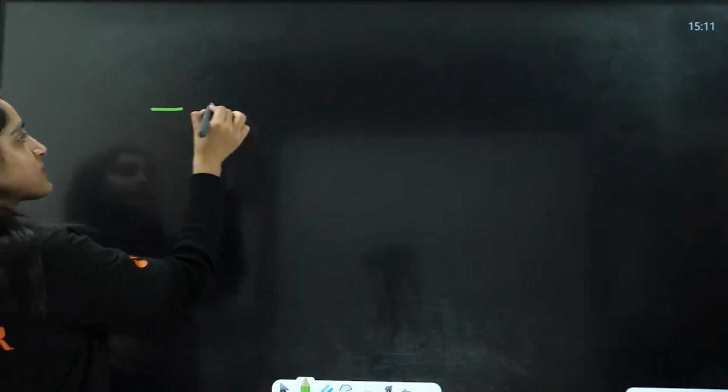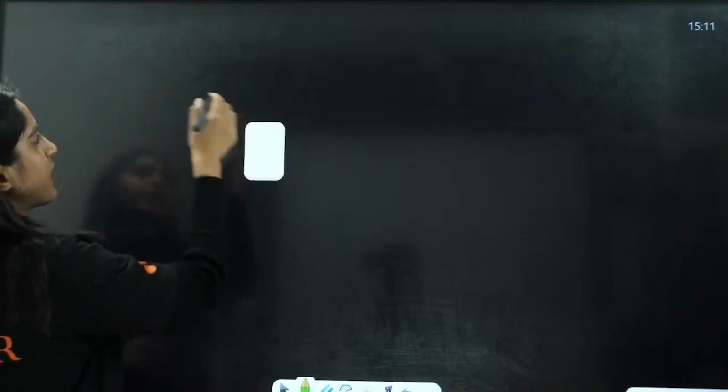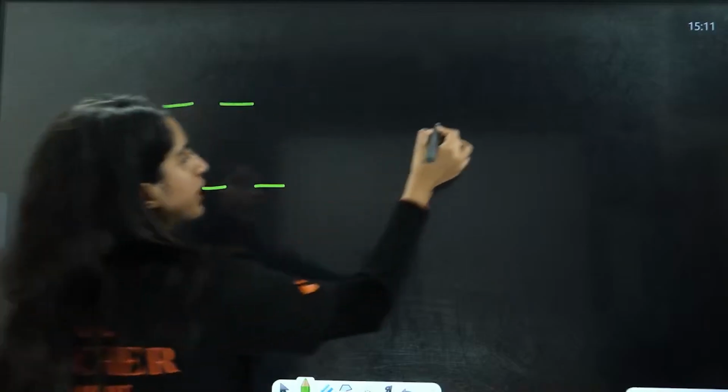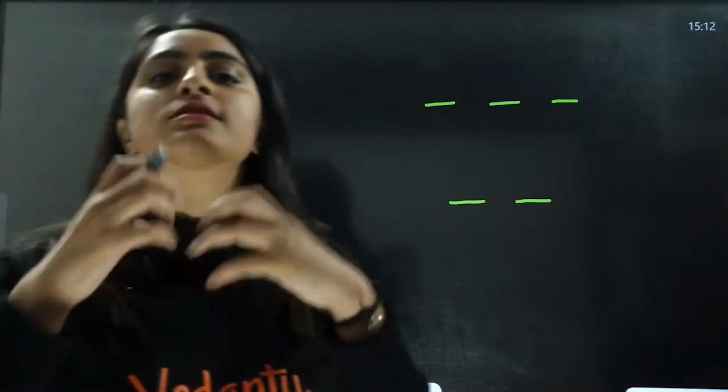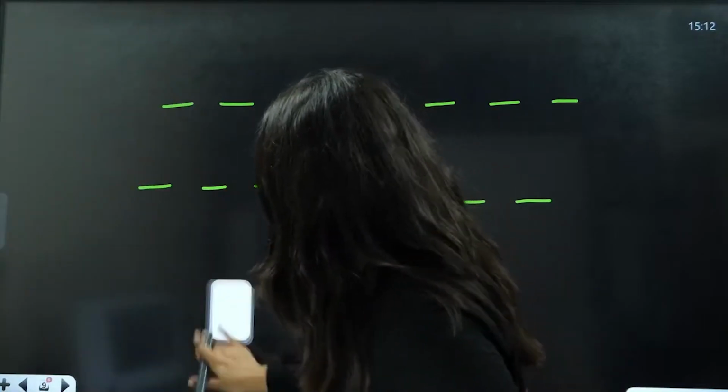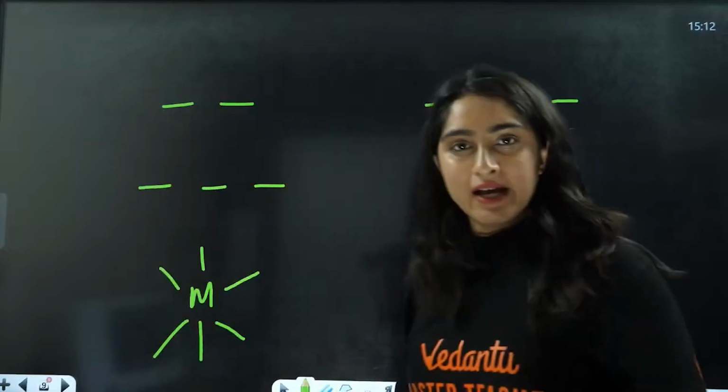Now you know octahedral is like this. This is octahedral, this is tetrahedral. In octahedral there is symmetry, right? This is the octahedral symmetry.